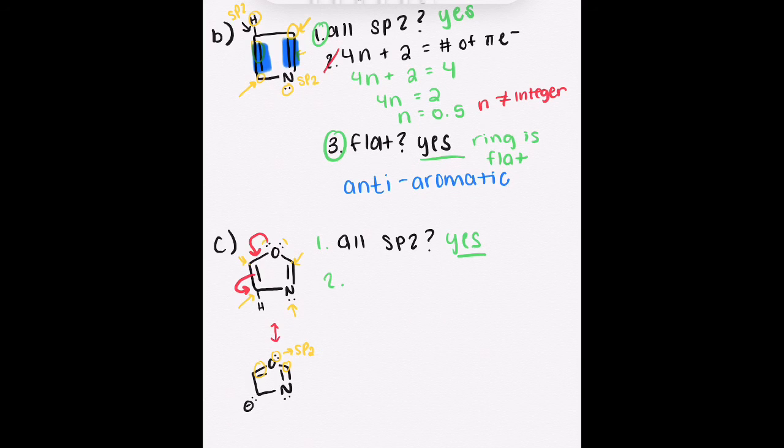Our next question is, 4n plus 2 equals the number of pi electrons, which I will highlight here. 2 and 2. And that may seem like it's all, but since this lone pair right here did resonance with the ring, we will count that one lone pair as pi electrons, but not the other one, just the one that did resonance. So 4n plus 2 equals 6.